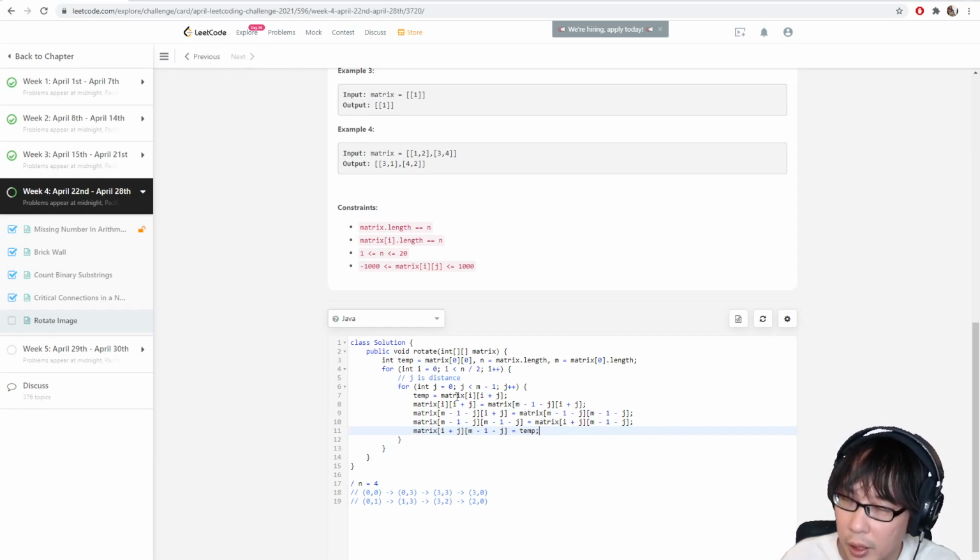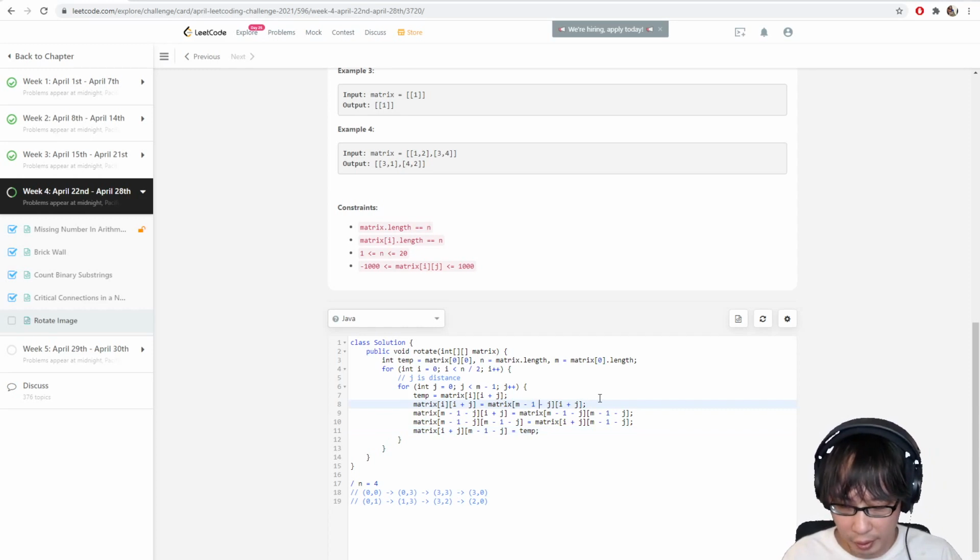I put that into the temp, and then I will move the one in the same column, but it is this, minus i minus j.